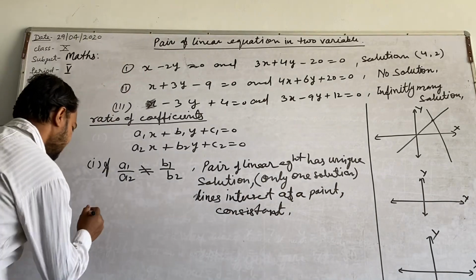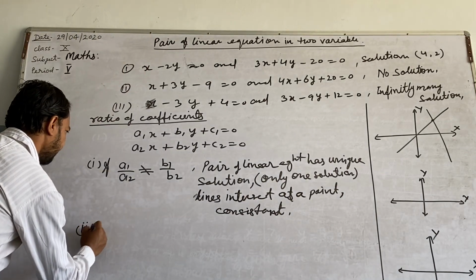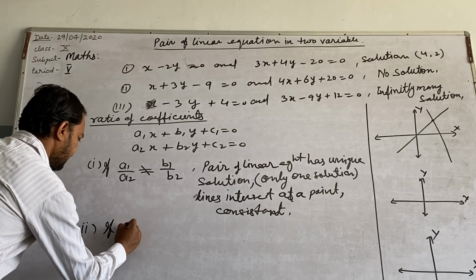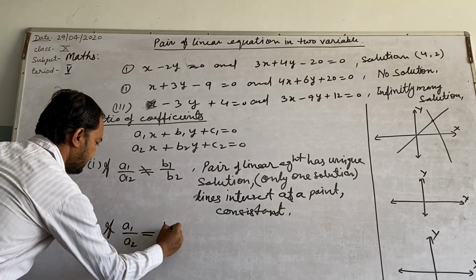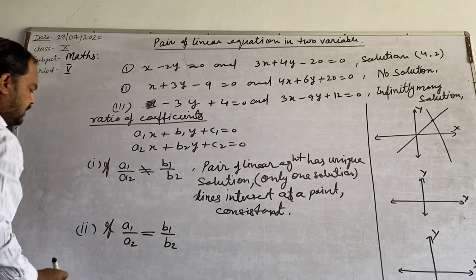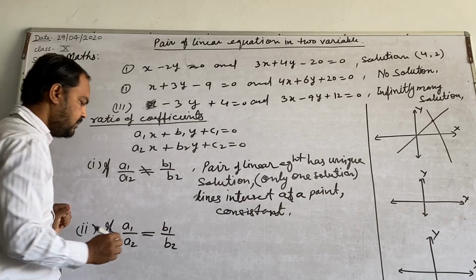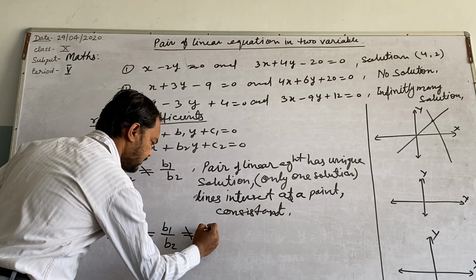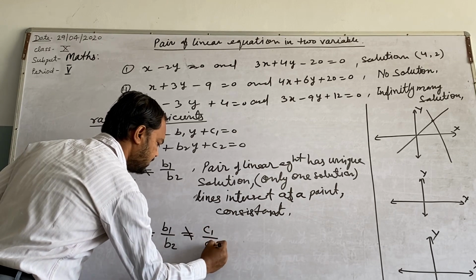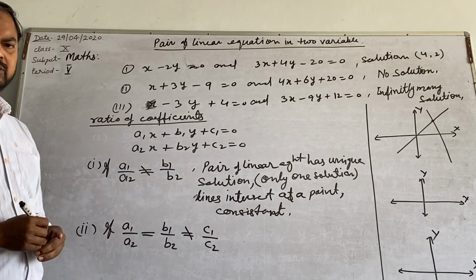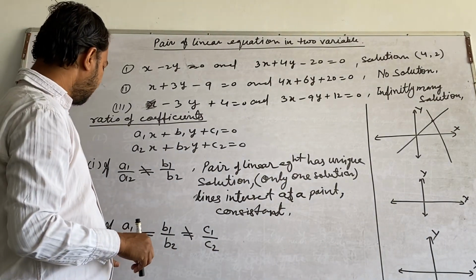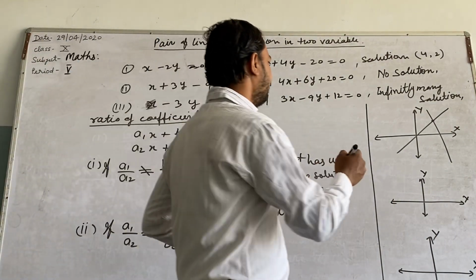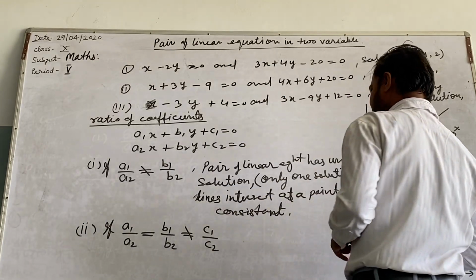Now the second condition is: if a1 upon a2 equal to b1 upon b2, these ratios are equal but not equal to c1 upon c2. So this was the first case, this was the second case.